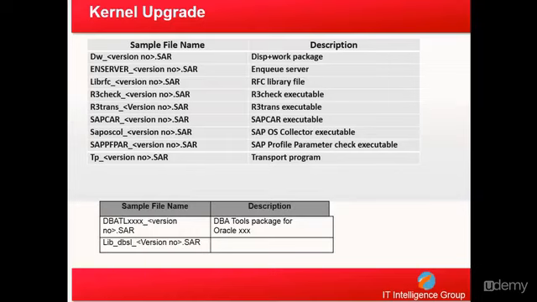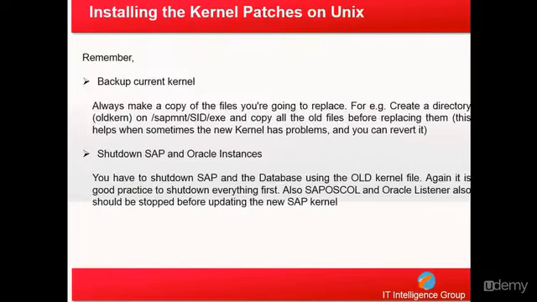Here are some of the key files which we saw in the SAP marketplace, and you can see these files as well when you extract the kernel. Then let's go to the next page, where there are some key things before we can apply kernel patches.